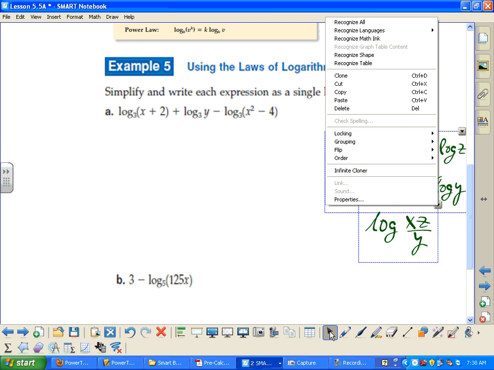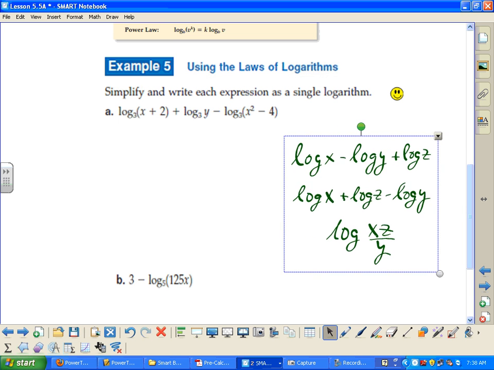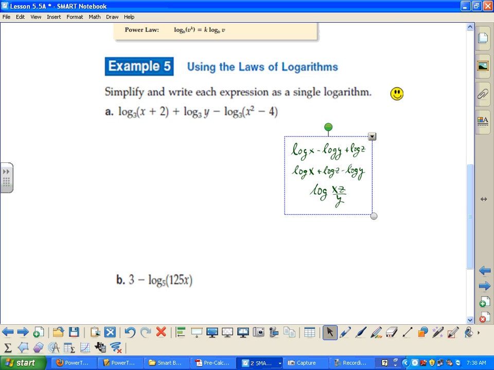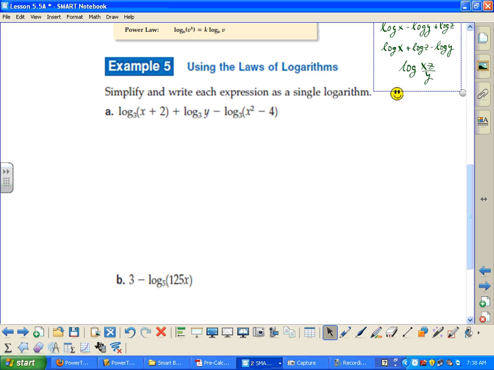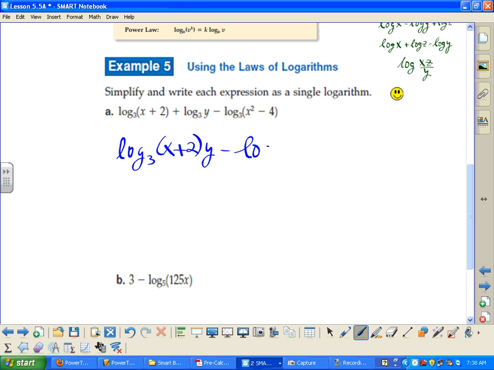So anytime we have adding anywhere in this problem, we want to make sure that we put those together so that we have the correct multiplication. Right? In this problem here, the plus is first, so reminder that we multiply when we're adding. So it's x plus 2 times y, and then minus the log base 3 of x squared minus 4.